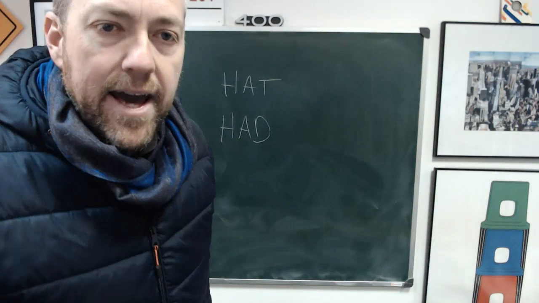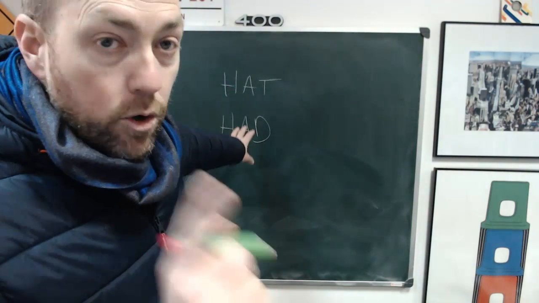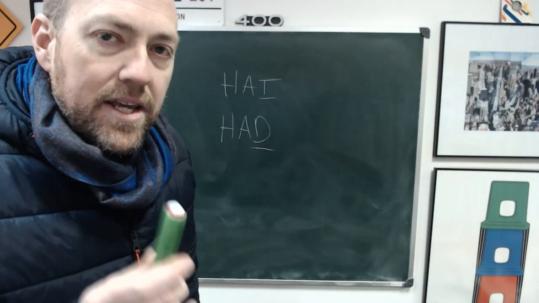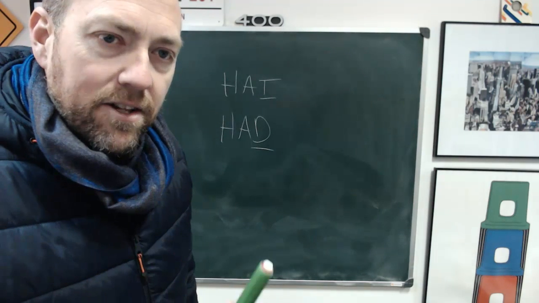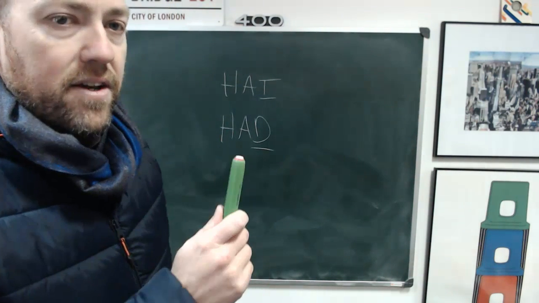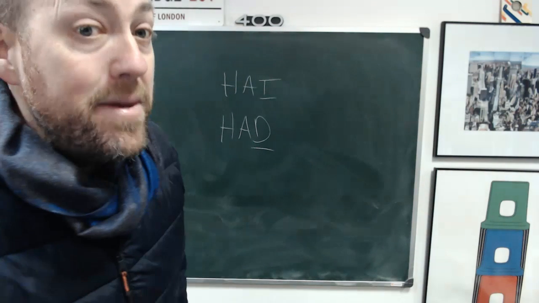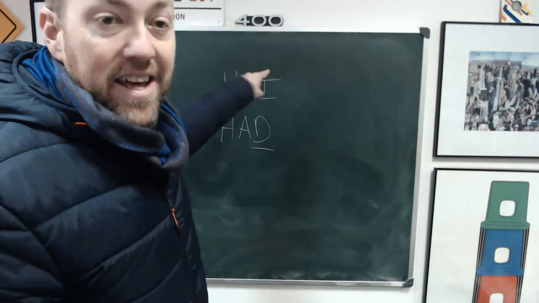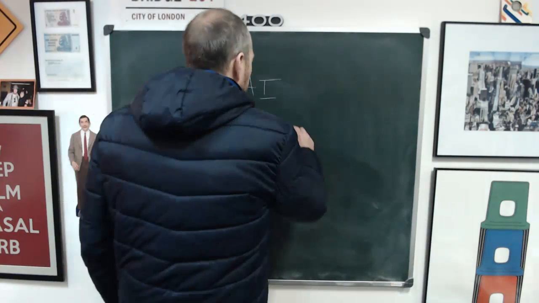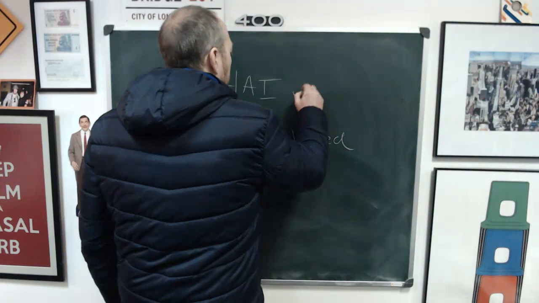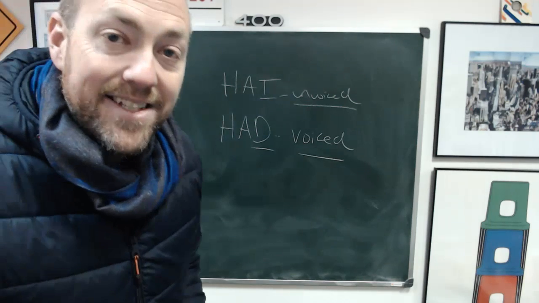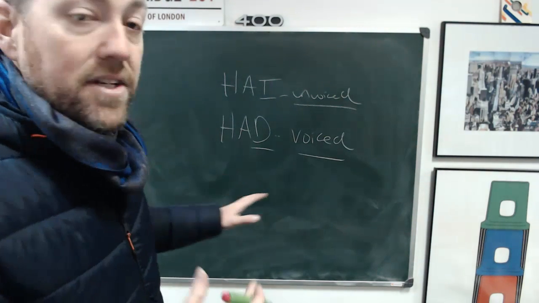this one here. Hat and had. The same sound. The only difference is the end. Now, if you watched my video about Anglo-Saxon pronunciation, then some of this will be familiar to you. But the difference between this and this is one thing, and that is the voice. Hat is unvoiced, and had is voiced.